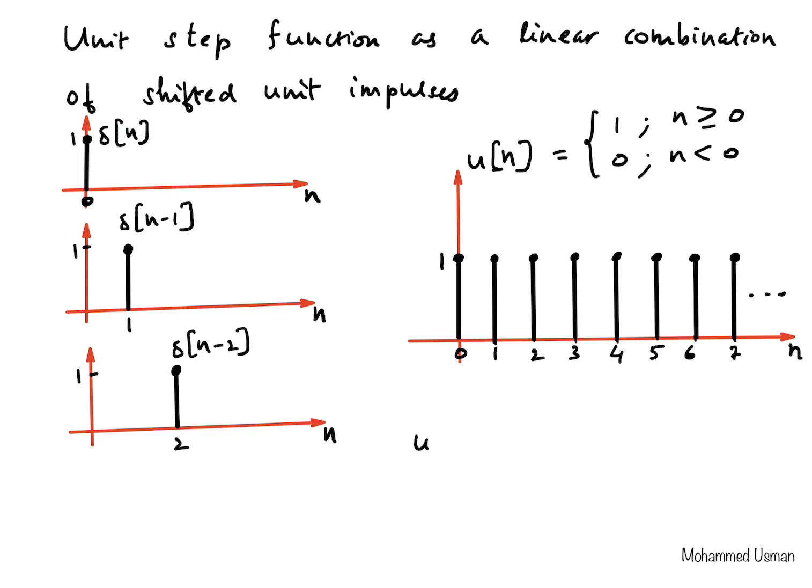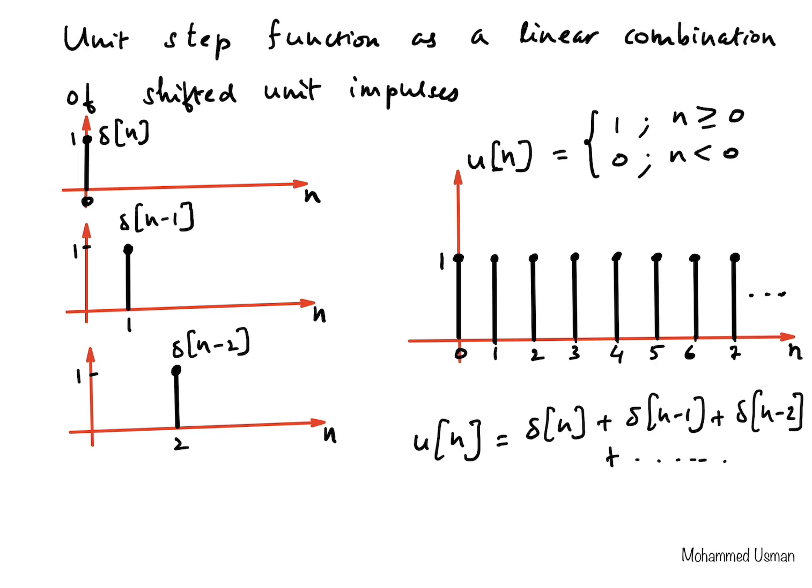So we can say that we can represent the unit step function u of n as delta of n plus delta of n minus 1 plus delta of n minus 2 plus more terms, up to infinity.